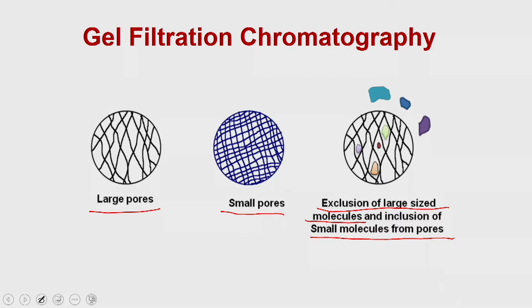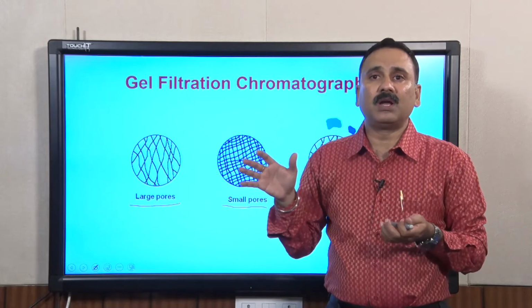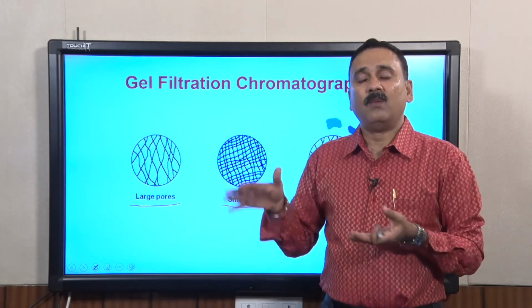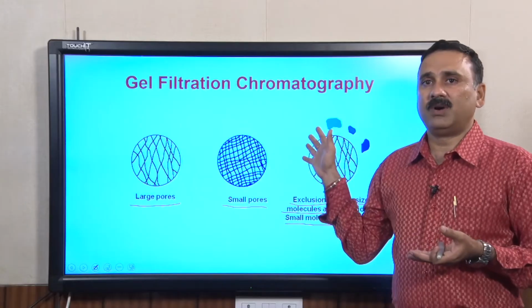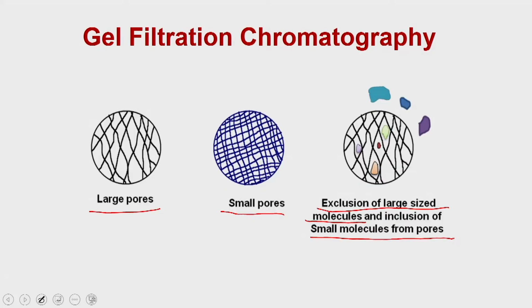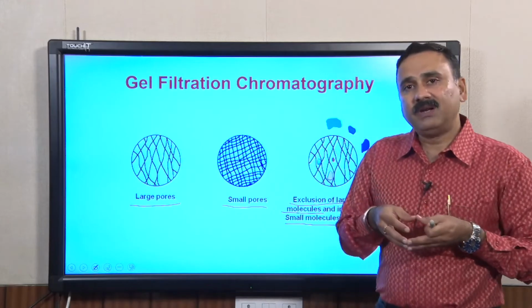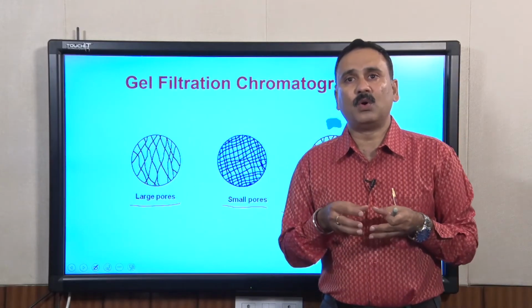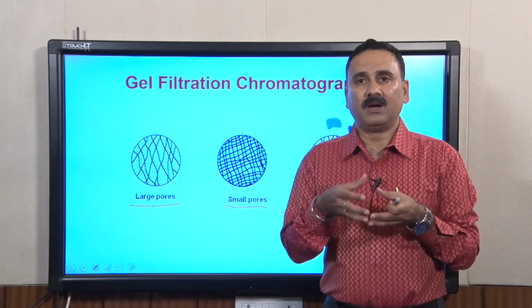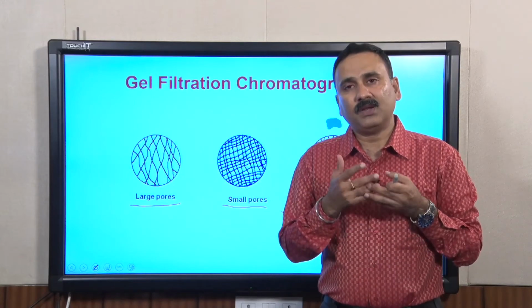In most cases of filtration, the small molecules pass through while the larger molecules are retained. Whereas in gel filtration chromatography, you exclude the larger molecules and retain the smaller molecules in those pores. That is why gel filtration chromatography is also called a reverse sieving technique.